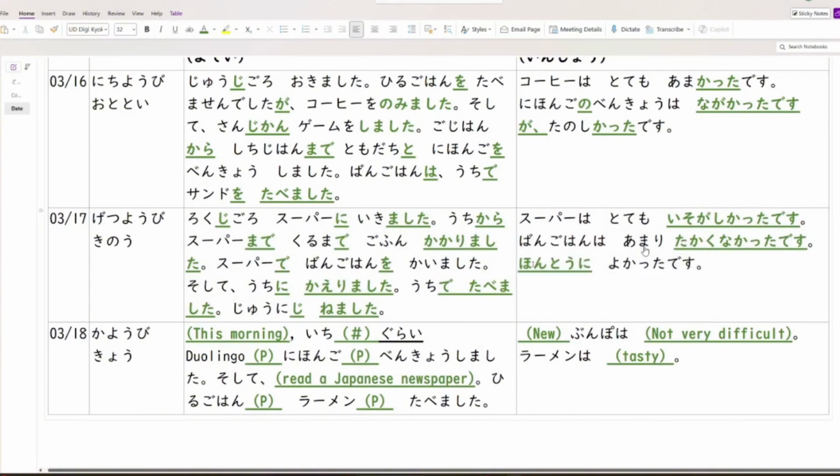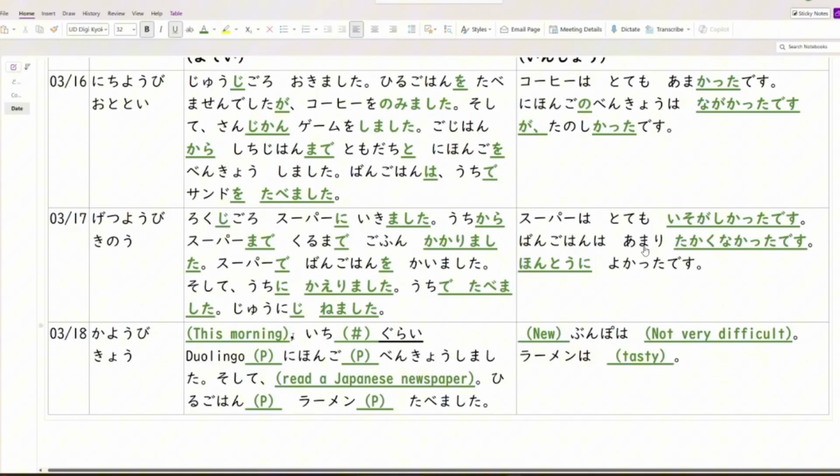So yeah. When using yokatta on its own a lot, that just means I'm happy about that, I'm glad. So I'm really glad it wasn't that expensive. That's essentially what I'm saying here. I've heard yokatta on its own. I think it's like a Street Fighter win quote.